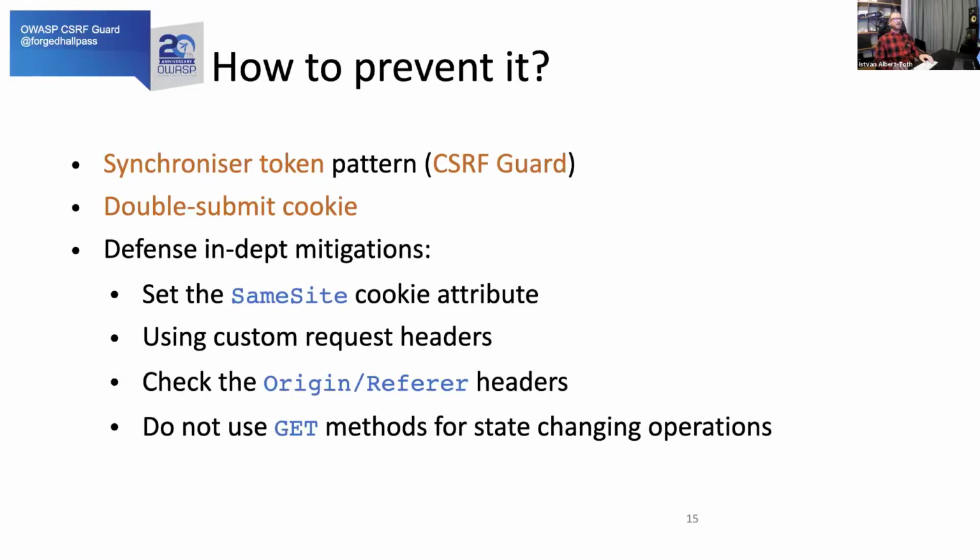Another thing that you can do is to use custom request headers, which can also be configured within CSRFGuard, and checking the origin or referrer headers, because, as I said, the origin and the referrer header itself as well are part of the forbidden headers, so scripts cannot manually tamper with them. So in most cases, it's safe to check against.